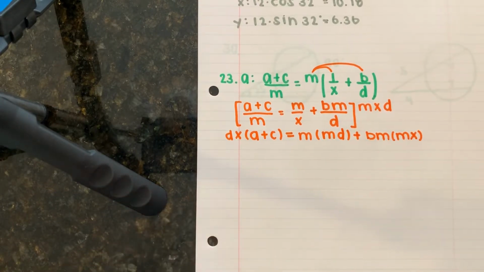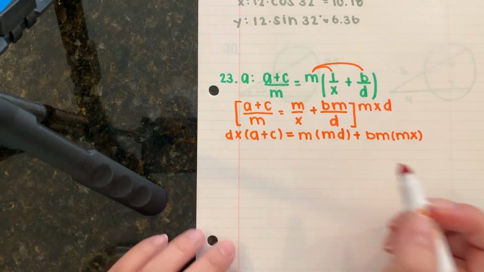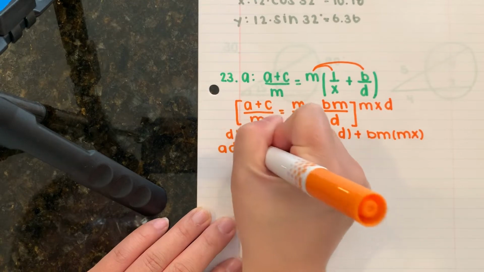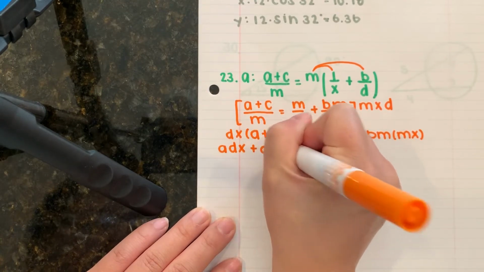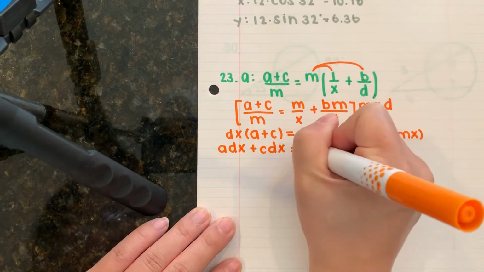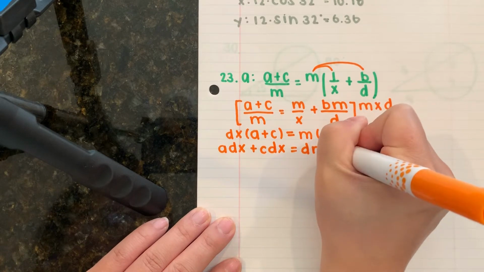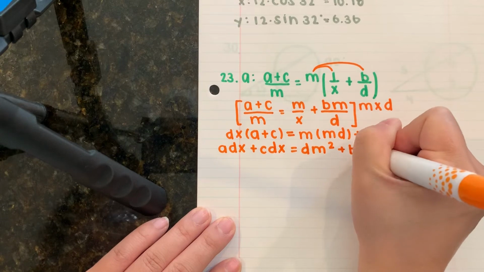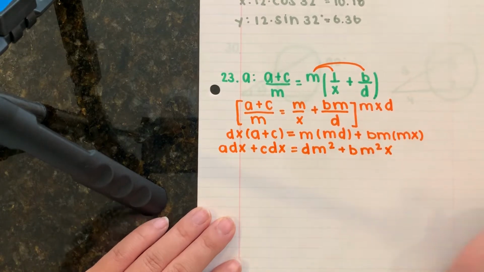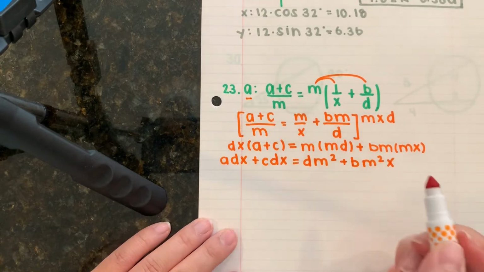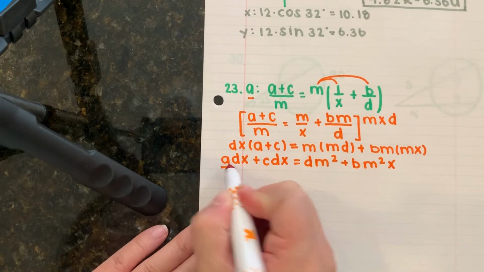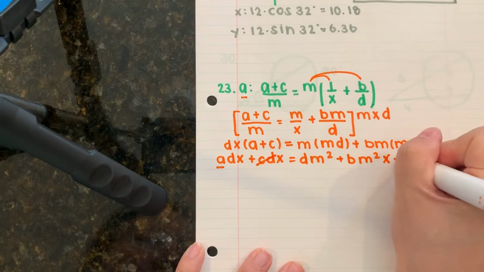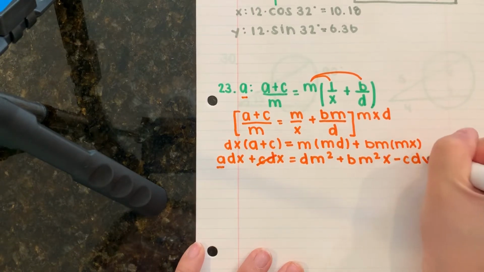So what I'm going to do now is I'm going to multiply that through. I'm going to multiply through this side, so that would be a dx plus c dx equals dm squared plus bm squared x. Now again, I'm trying to solve for a. So anything that contains an a, I'm going to leave on the left-hand side, and I'm going to move the c dx to the right-hand side. So I'm going to subtract c dx.